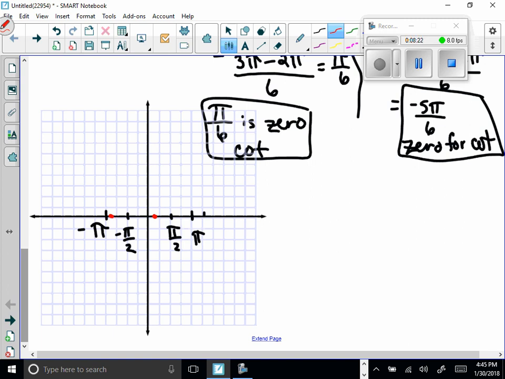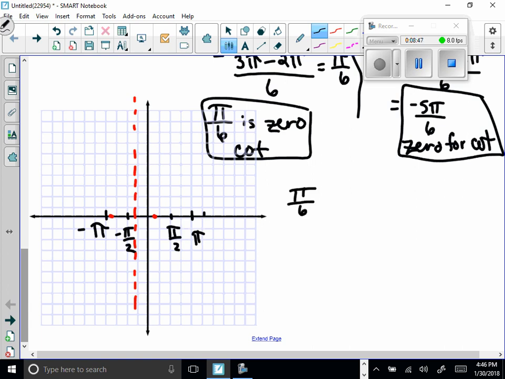And then in between, right smack in between my zeros, I'm going to have a vertical asymptote. And to the right, I would have a vertical asymptote as well. What I would do to locate exactly where those asymptotes were is I know it's between my 2 zeros. So I'm just going to kind of find the average of those.